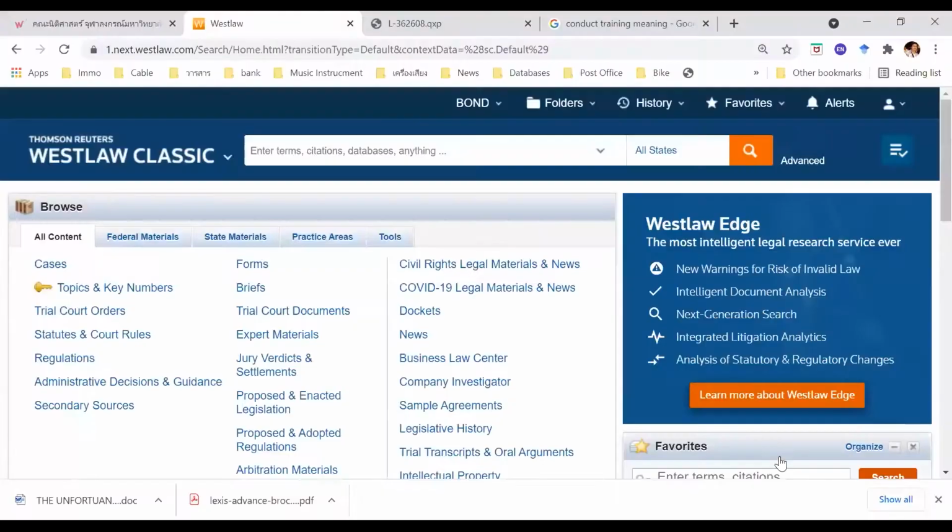Now I'm more experienced, and I can read the legal text or legal terms they use in cases, so good English is needed. You can start with both the cases and the topic. The better way to start, I recommend, is to start with the key number first.